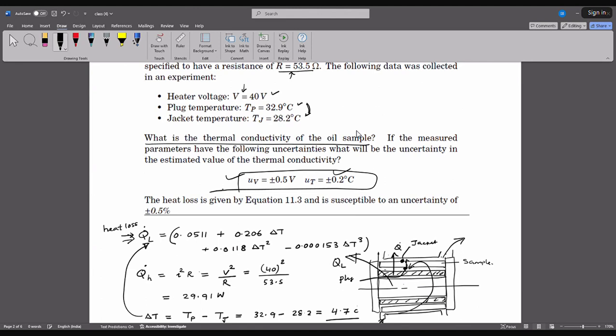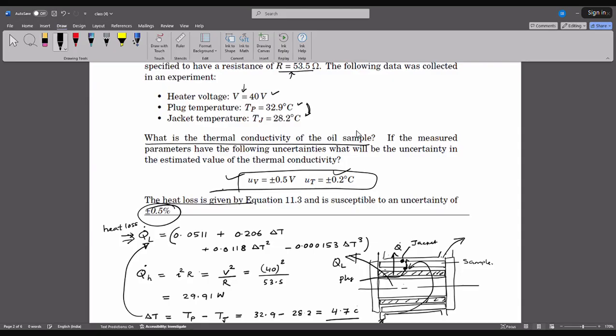It also says that the heat loss has an uncertainty of 0.5%.